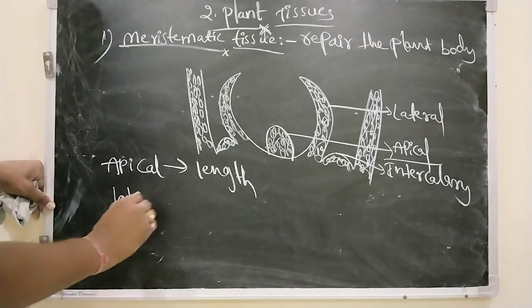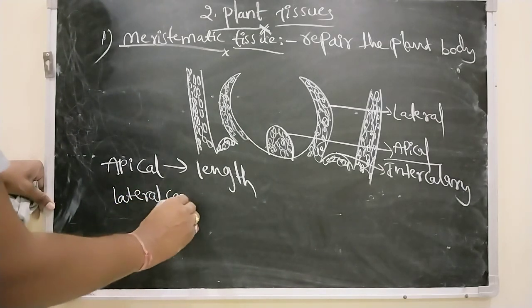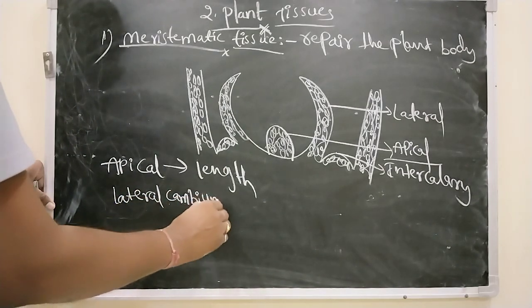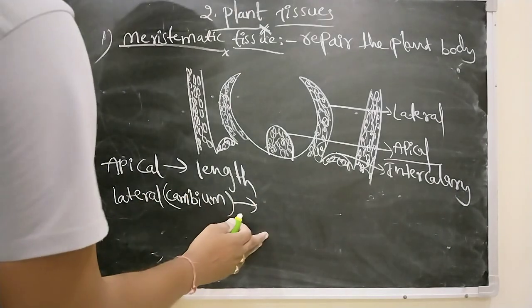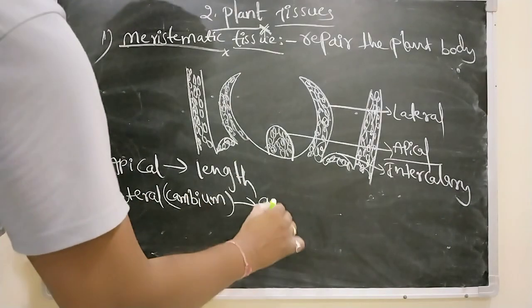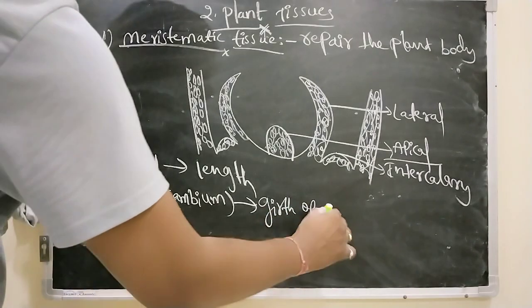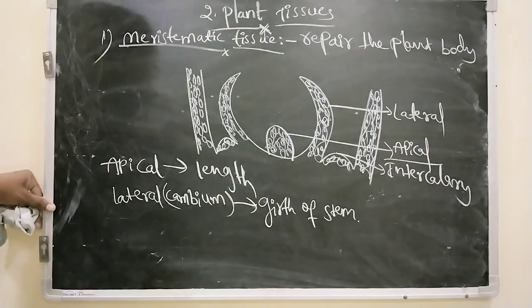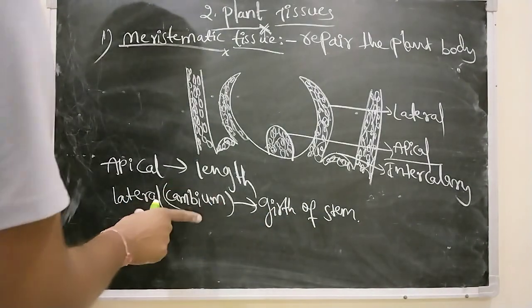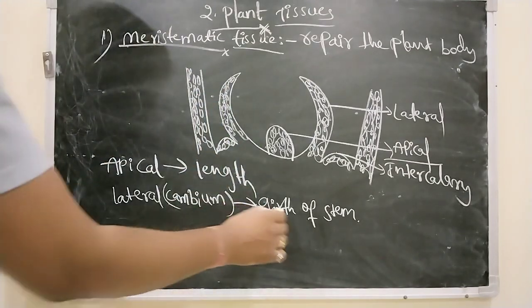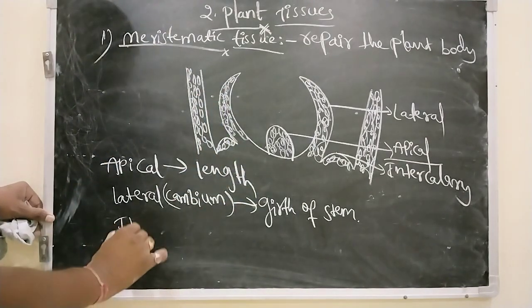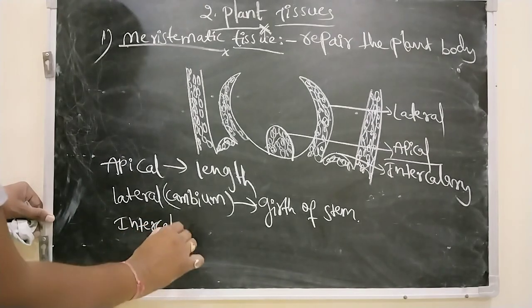Lateral meristem is also called cambium tissue. This tissue helps the plant to increase in girth of the stem, meaning from the center of the stem. Next, intercalary meristem.